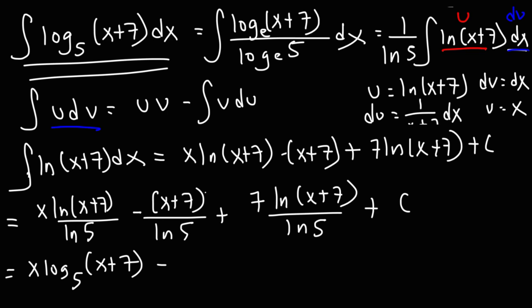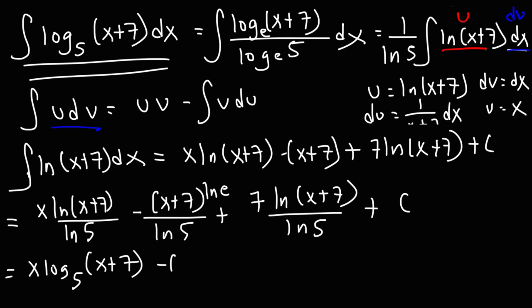Now for this one, (x plus 7) times 1 is x plus 7. So what we could do is just add ln e. Because ln e is equal to 1, it won't change the value. So (x plus 7) times ln e is just x plus 7.